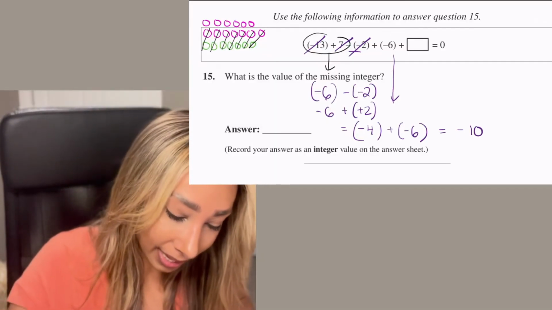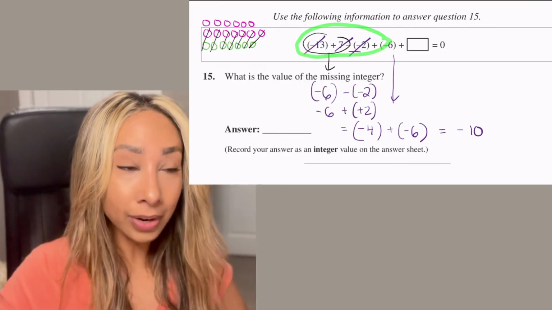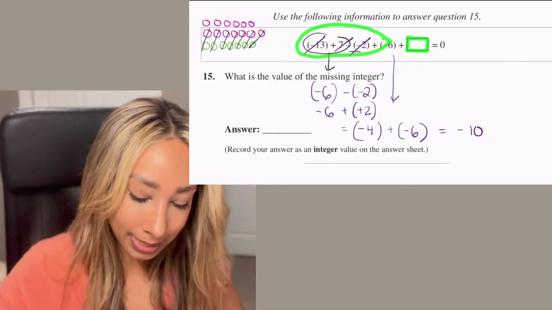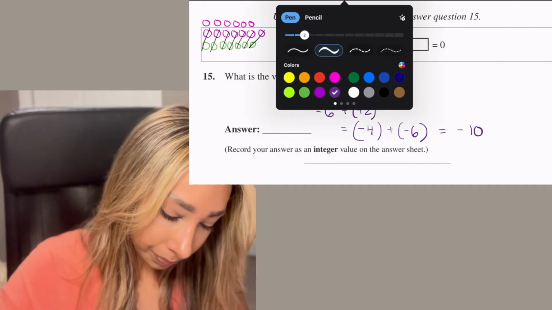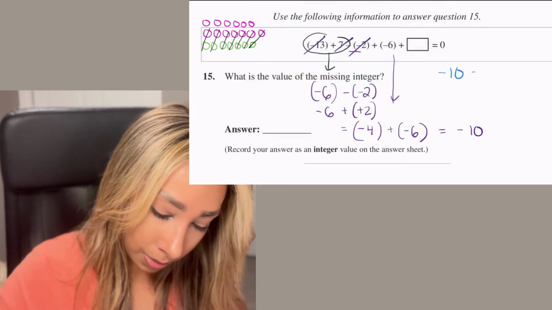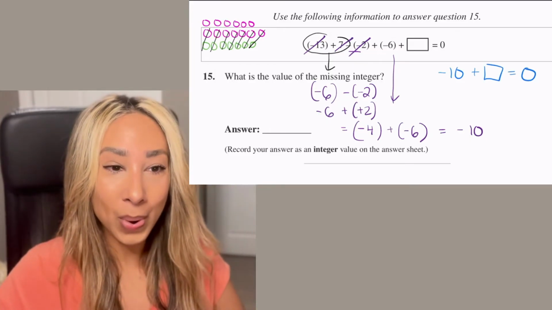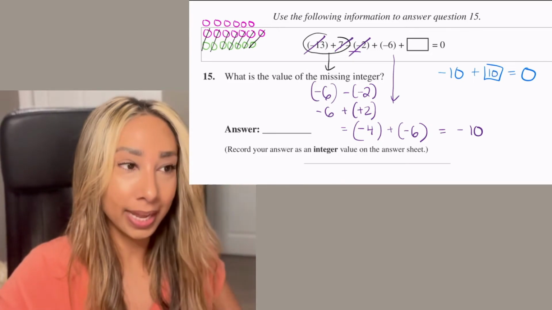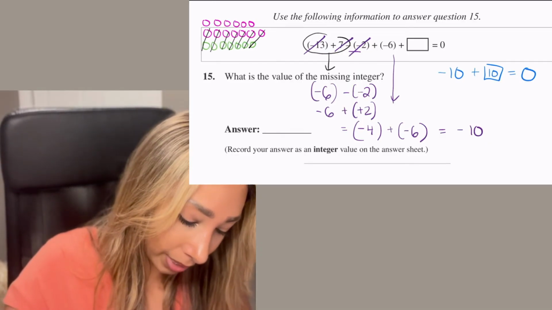The question's asking, when I combine all of this and add another integer, I get 0. So it means -10 plus an unknown number will equal 0. The only way I can get 0 is if I add +10. -10 plus +10 gives us 0, meaning the integer we need to record here is 10.